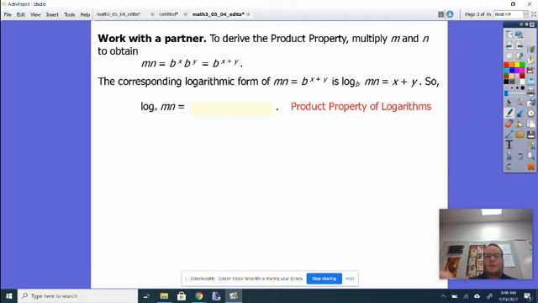Starting out, we need to define some terms. I'm going to define m as b to the x, and I'm going to define n as b to the y.